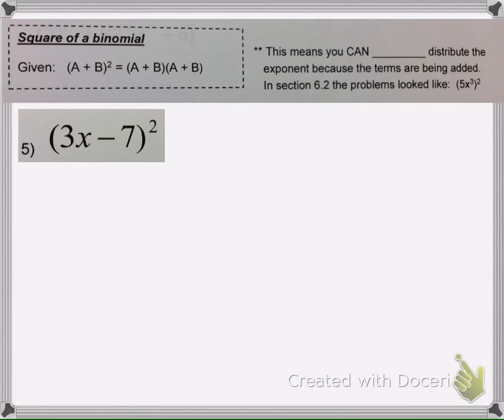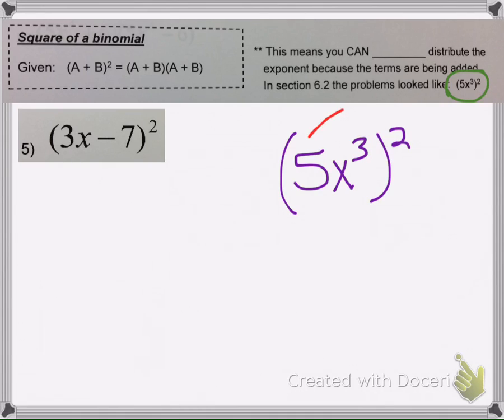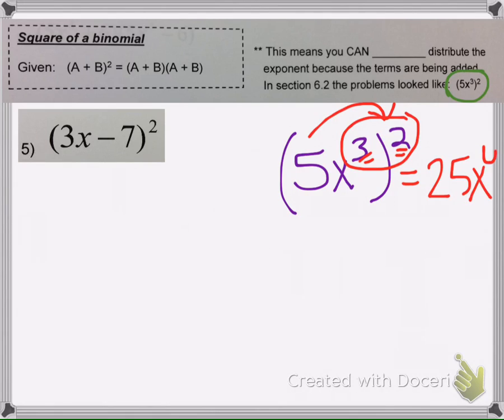Alrighty, the next type of problem we're going to have is we're going to square a binomial. So, for example, if we take a look at number 5 here. Now, we have had an exponent outside of parentheses at the beginning of this chapter. If we take a look at this example right here, what we did when we were simplifying this is we did 5 to the second power, which is 25, and then we multiplied the exponents when there's exponents inside and then outside, and we got 25x to the sixth power.